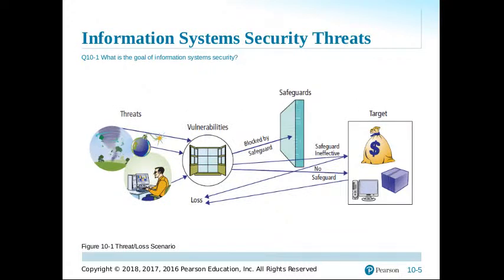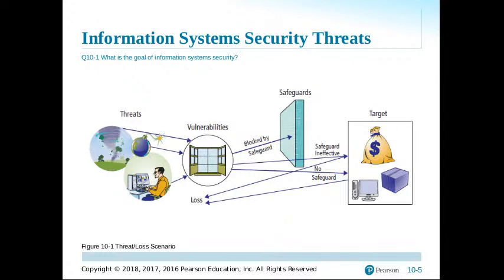So here is a very simple example of the security threats to your information systems. Some bad guy can try to hack into the system, even though the system is behind a server or firewalls, in order to steal something. So what do they steal? They steal the information, simply. Or maybe sometimes they steal the information about the credit card, and then based on that they can steal the money from the card, from the account.